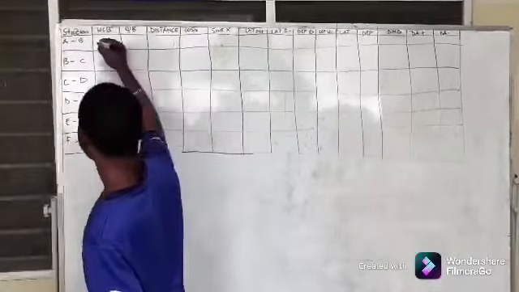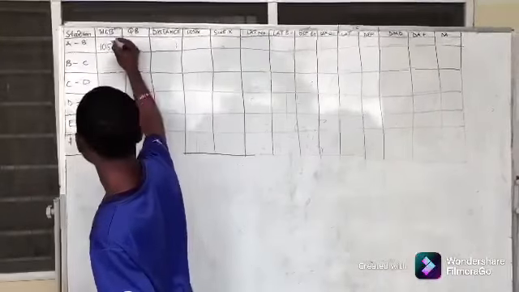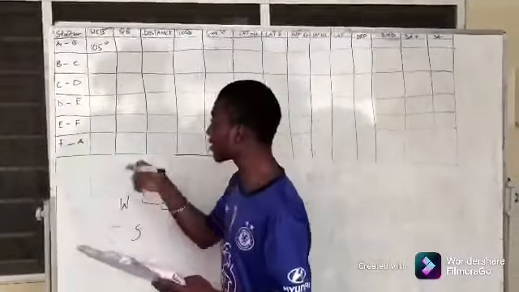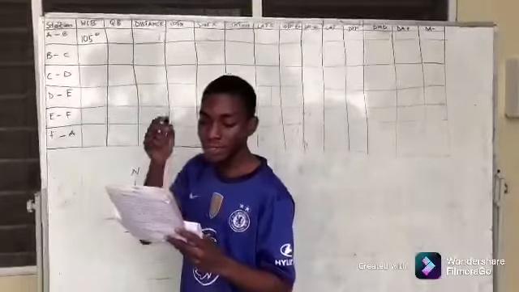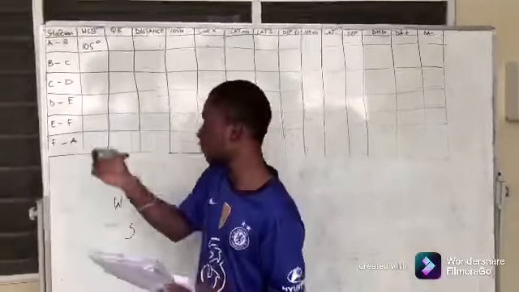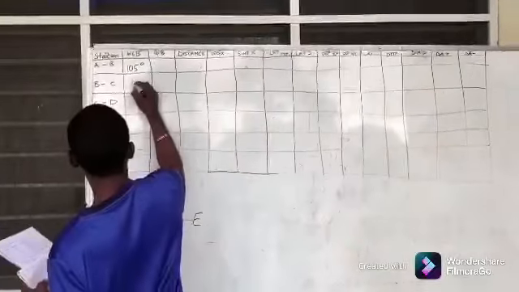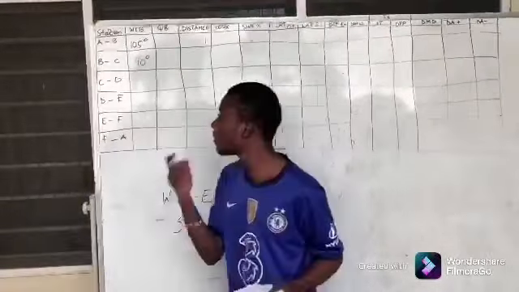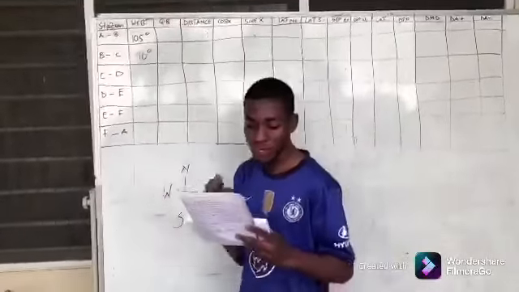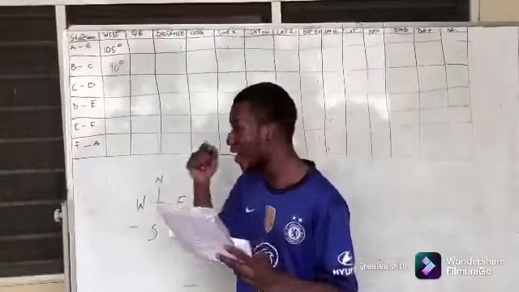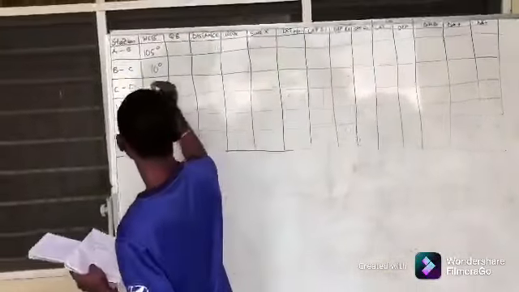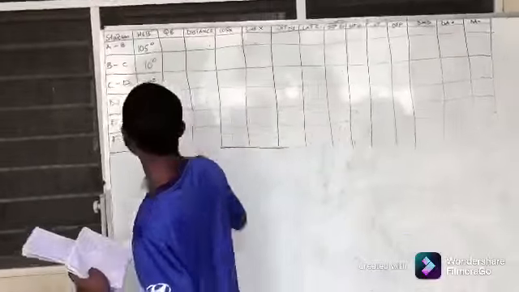that is 105 degrees. Then the second one, BC, we were given 97. So 97 minus 7, that is 90 degrees. And also CD, we were given 42. 42 minus 7, that is 35 degrees.